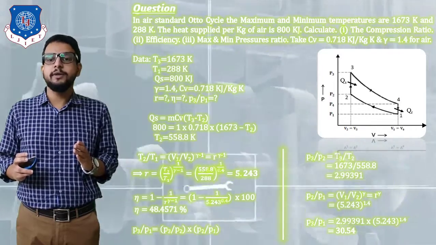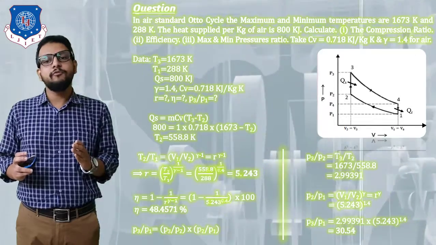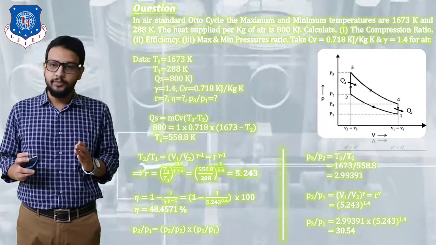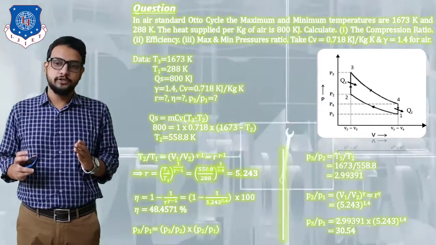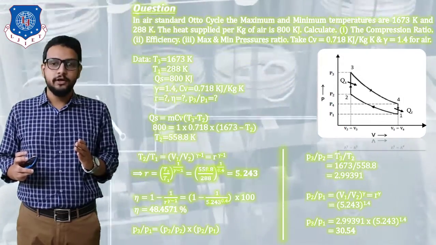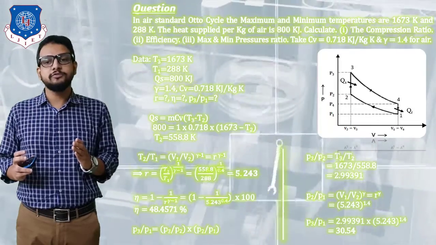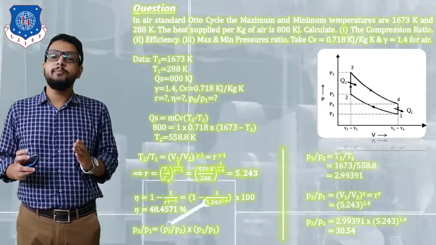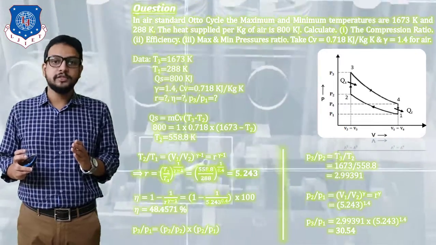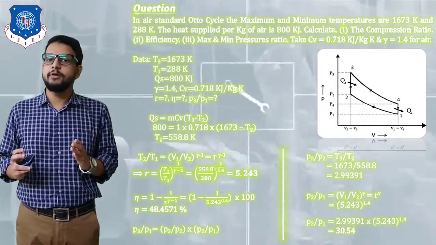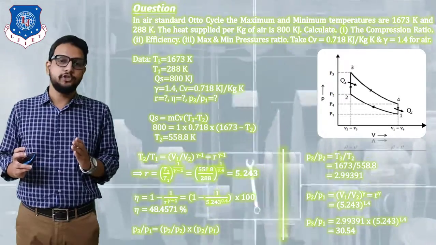So we get P2 by P1 is equal to (V1 by V2) raised to gamma. And what is V1 by V2? It is the compression ratio small r, so it is also known. So r raised to gamma. Directly I am going to substitute this value. So we get P3 by P1 is equal to 30.54. So this is our final answer for the maximum to minimum pressure ratio.